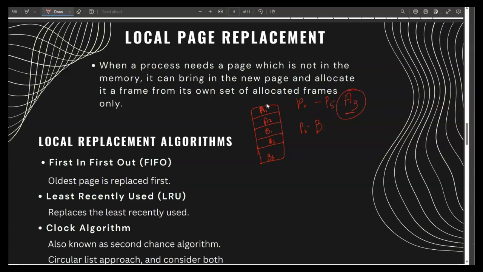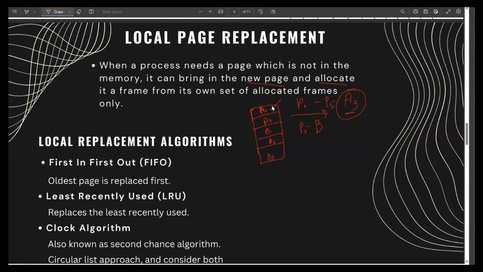So one of the pages A1 or A2 will be replaced in place of A3, because in local page replacement the new page replaces one of the old pages of its own process only.